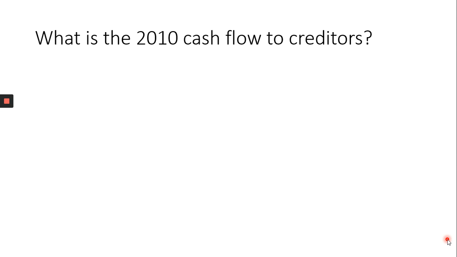The second question is, what is the 2010 cash flow to the creditors? So the cash flow to the creditor is the interest paid minus any new borrowing. So whatever the interest you have paid, you need to deduct if there is any new borrowing.